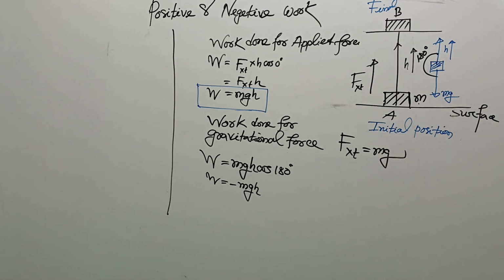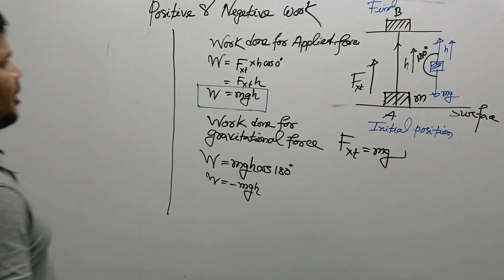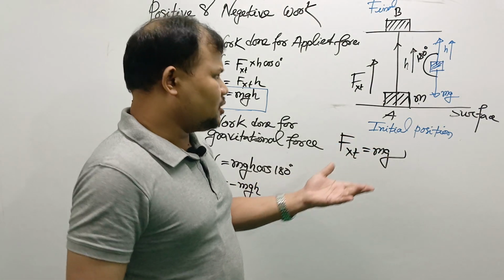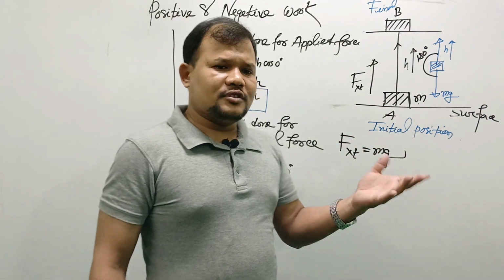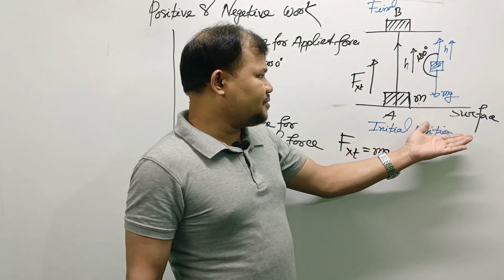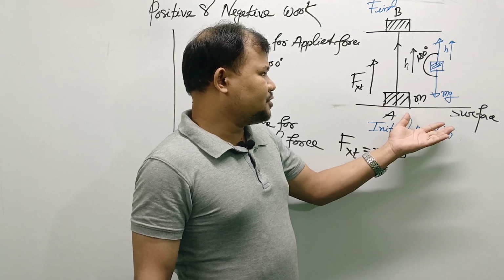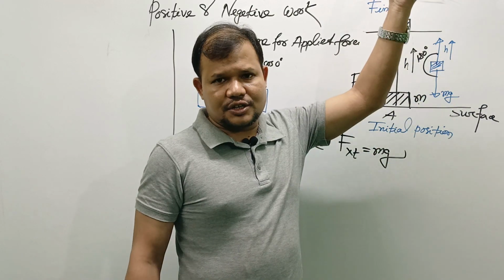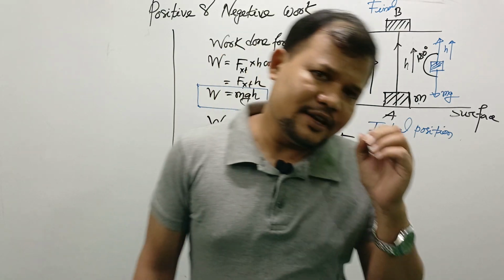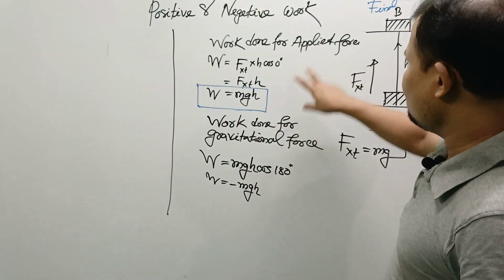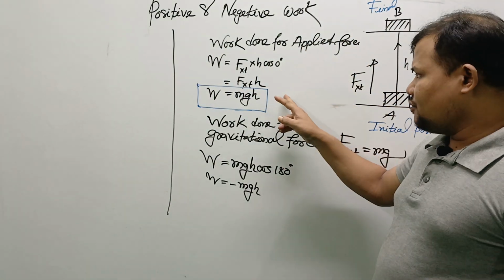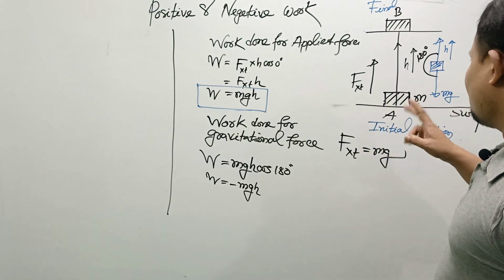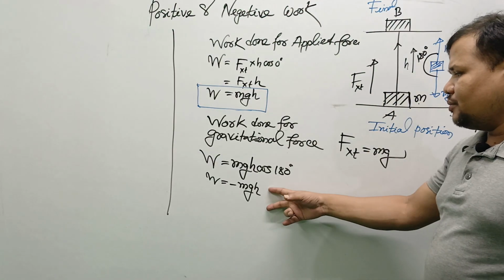So we can see, if you have taken any kind of object from the surface in the upward direction, then because of the applied force, the work done will be positive, and because of the gravitational force, the work done will be negative.